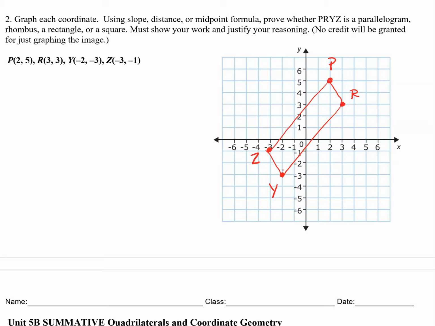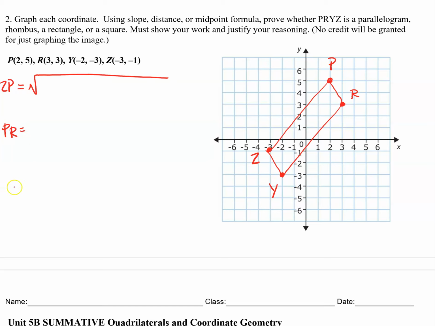All right, so using distance formula, there are 2 ways you can do it. You can actually use the distance formula, which means first of all I've got to find the consecutive sides. Let's go ahead and label what we're finding the side of. In this case, I might find ZP, and then I would need to find PR.